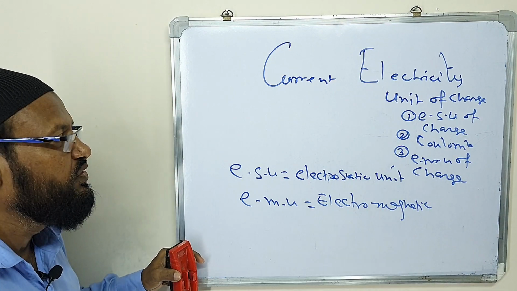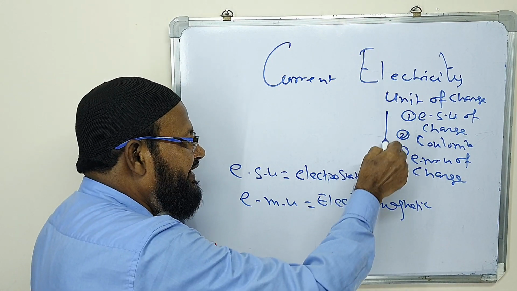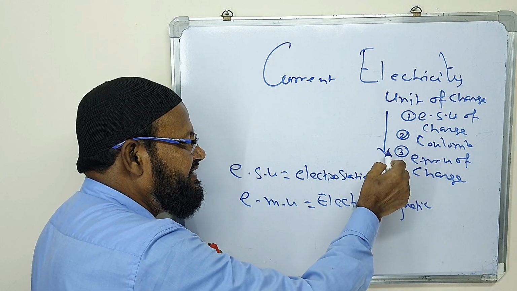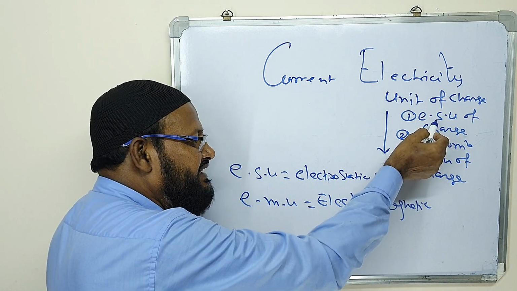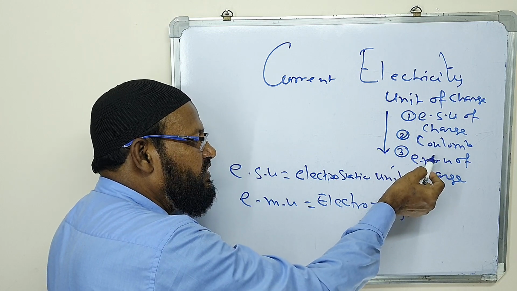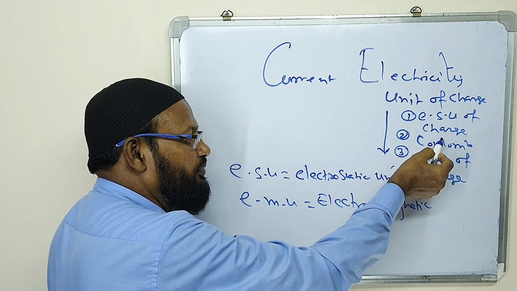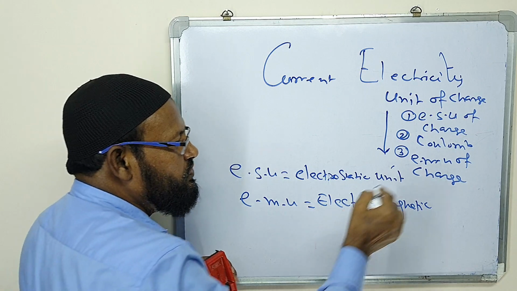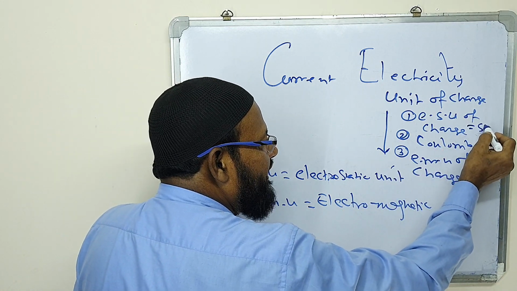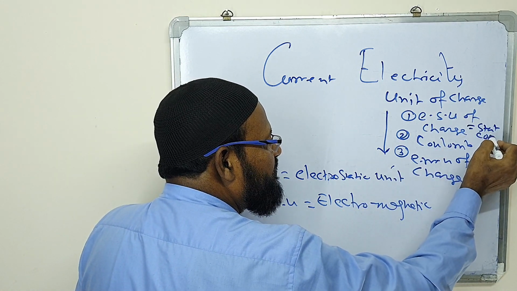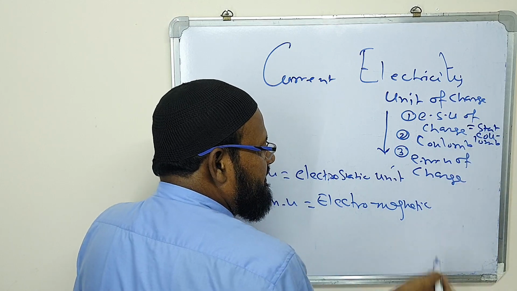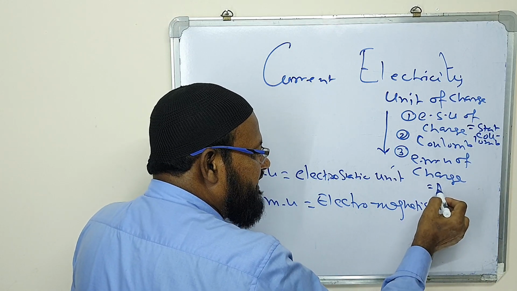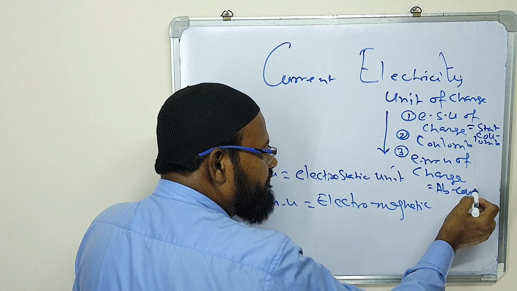Here is one rule. In the downward direction, the arrow is downward. What is the meaning? Coulomb is greater than ESU and EMU is also greater than coulomb. This ESU is known as stat coulomb. EMU is known as ab coulomb.